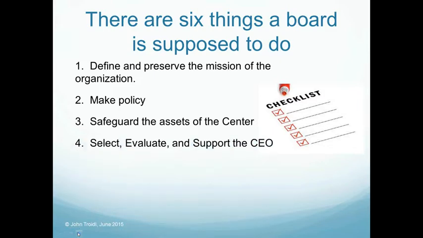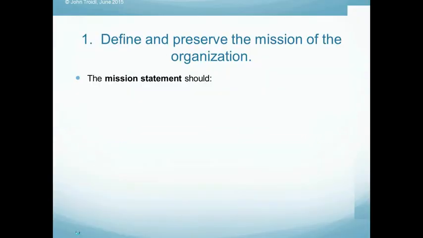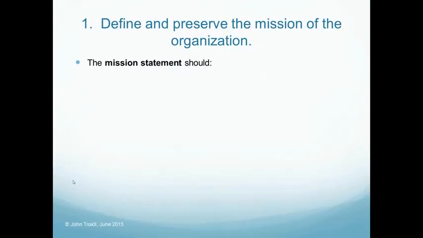The fourth is to select, evaluate, and support the CEO. The fifth is monitor and evaluate performance. We have one more, to plan for the long-range future of the center. So those are the 6 roles of the board of directors. So let's go through them one by one.